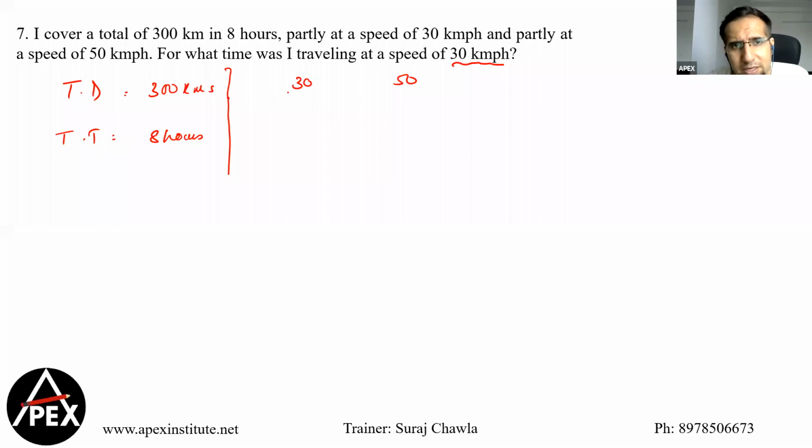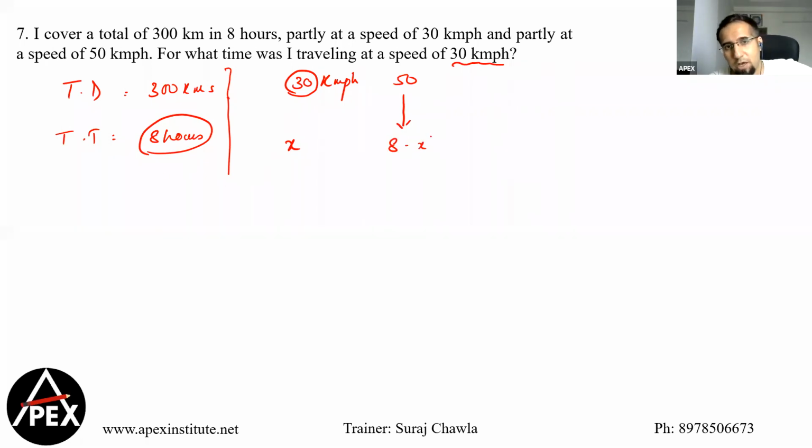So since I'm asked the time taken at 30 kilometers per hour, let me assume that I've been traveling for x hours at 30 kilometers an hour. Okay. So if I've been traveling for x hours at 30 kilometers per hour, can I say that at 50 kilometers an hour, if total time taken is 8, and out of that I'm traveling x, that means I am going at 50 for the remaining 8 minus x hours.